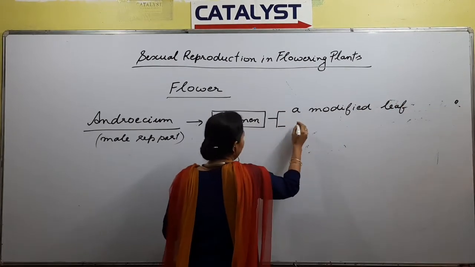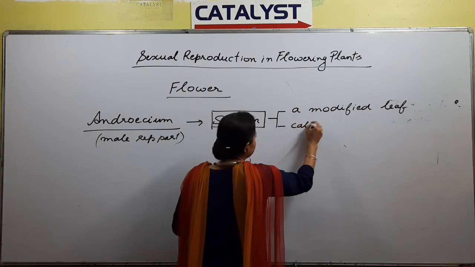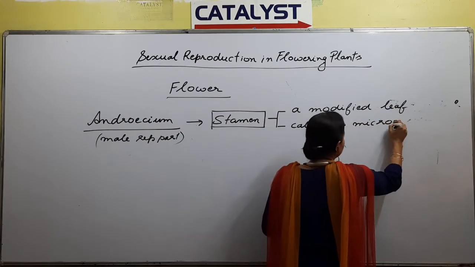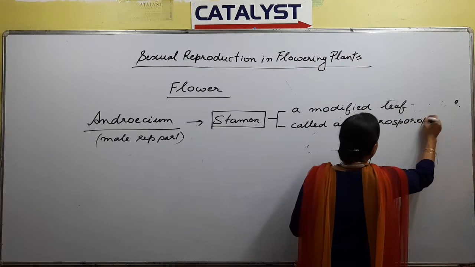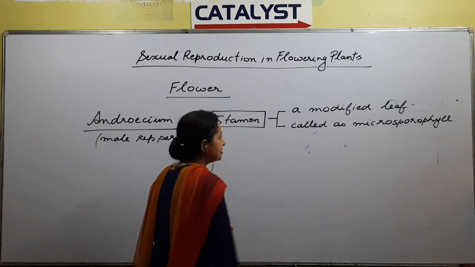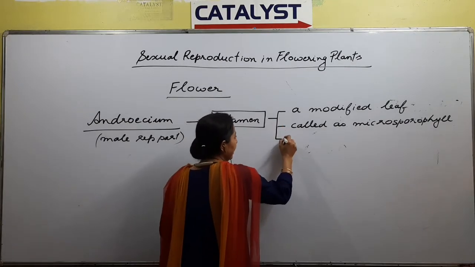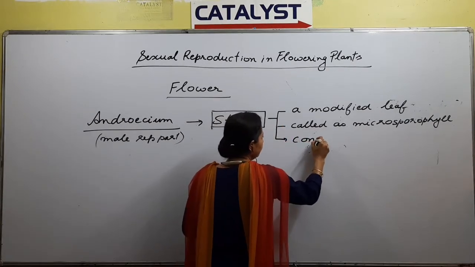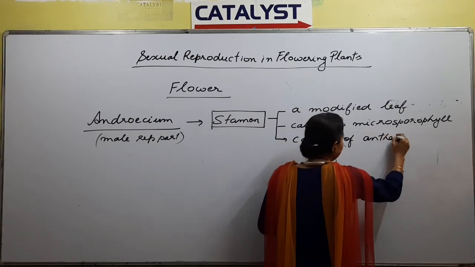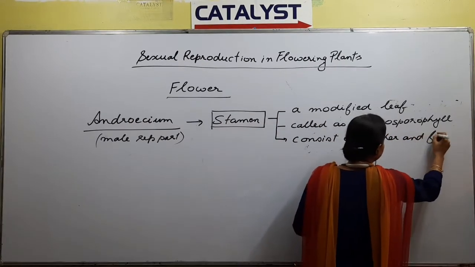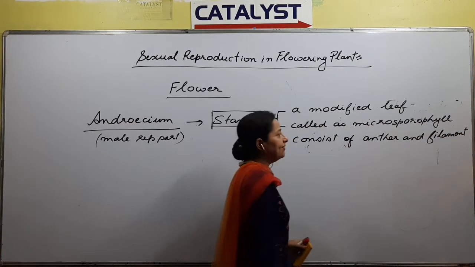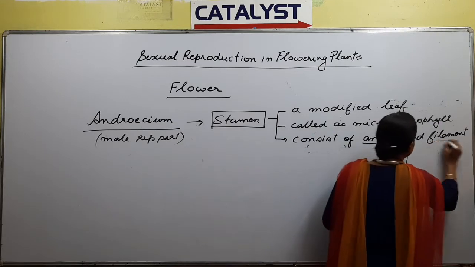It is also called a microsporophyll. Right? A stamen is a modified leaf. It is called a microsporophyll and it consists of anther and filament. So we have two parts of a stamen, that is the anther and the filament.